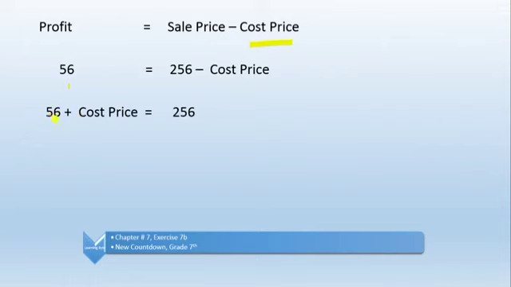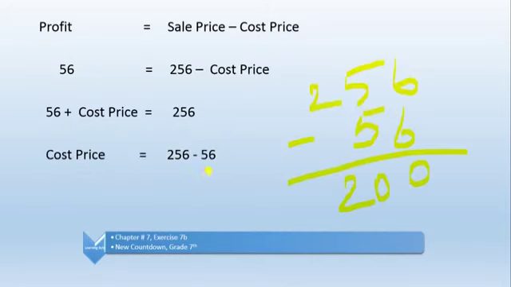Now we will shift 56 from the left hand side to the right hand side, and after shifting, it will be subtracted from 256. After subtracting 56 out of 256, now we have the value of cost price, which is 200 rupees.